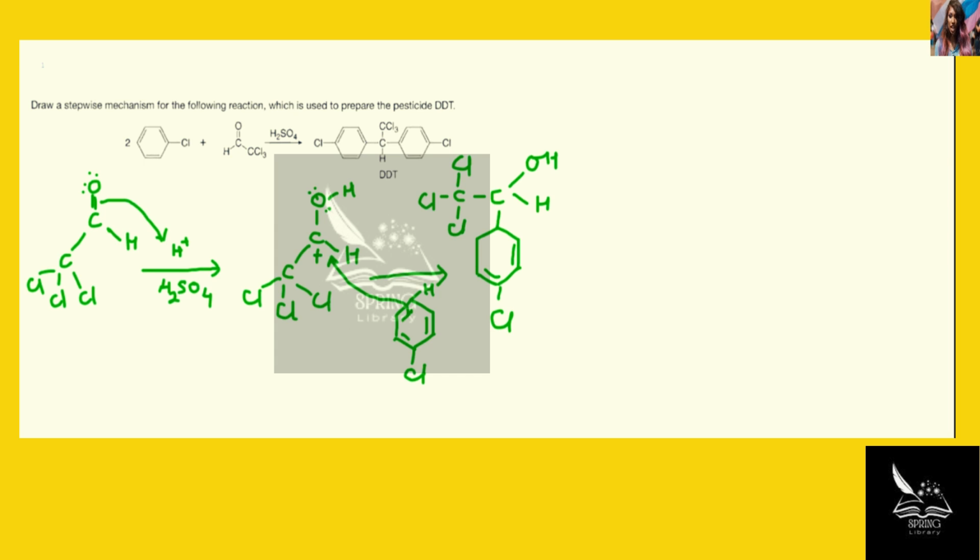One hydrogen which is present here, you can draw here, and the positive charge appears at this carbon. This is the carbocation which is formed, and it is a stable carbocation because of the resonance.